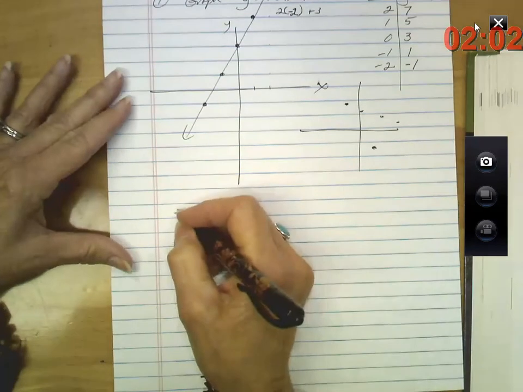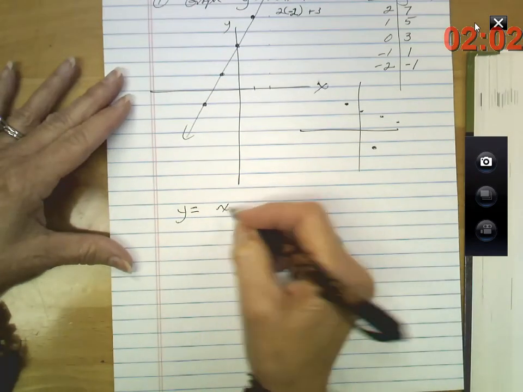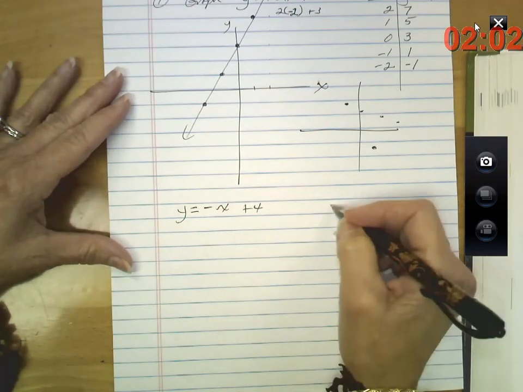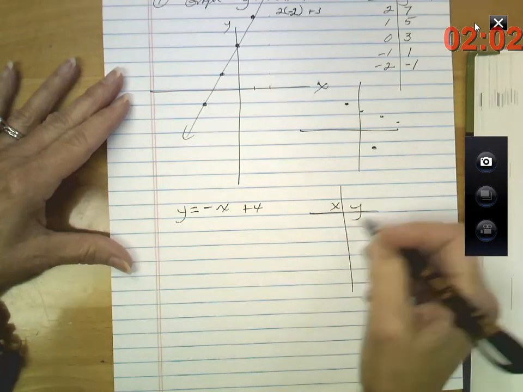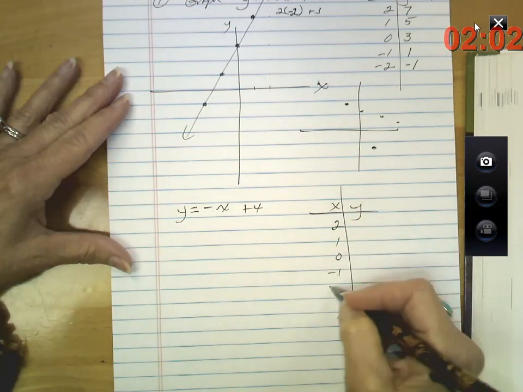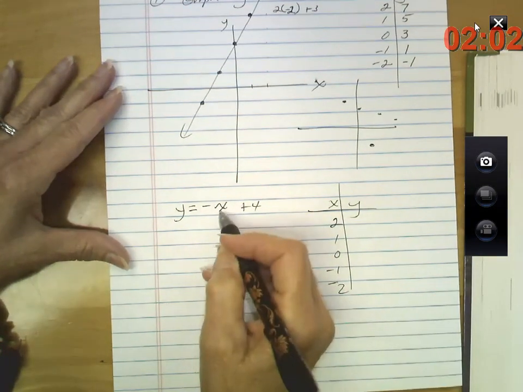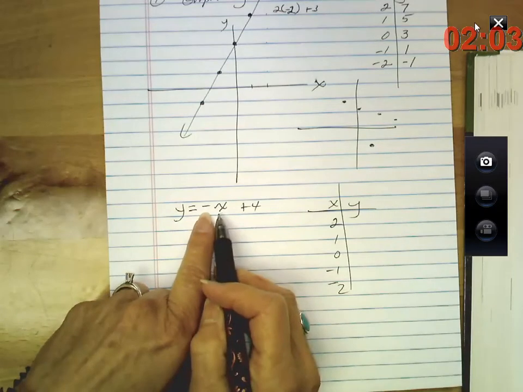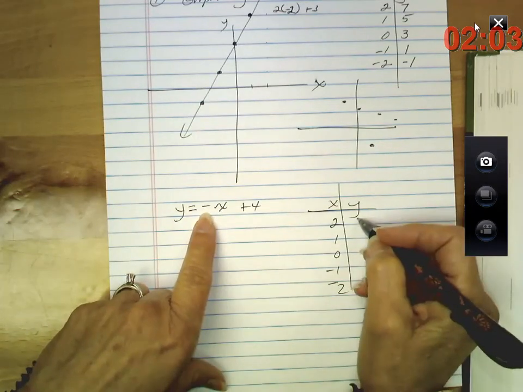Let's say we have y equals a negative x plus 4. Okay, so I'm going to use 2, 1, 0, negative 1, and negative 2. Okay, if I put in 2 here, that's negative 2 plus 4, or a 2.